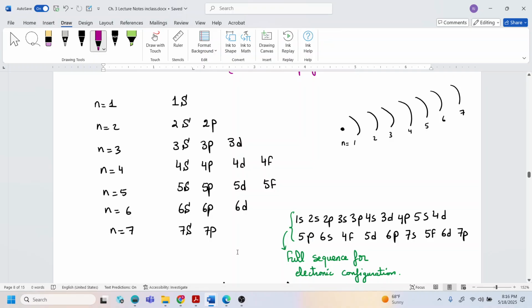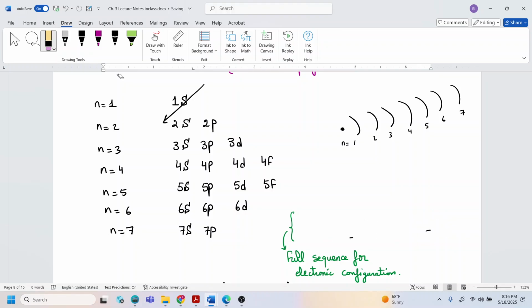To write down the sequence of the electronic configuration, we start with simply the 1s. See my arrow?